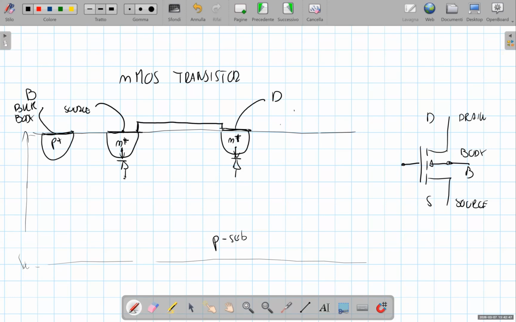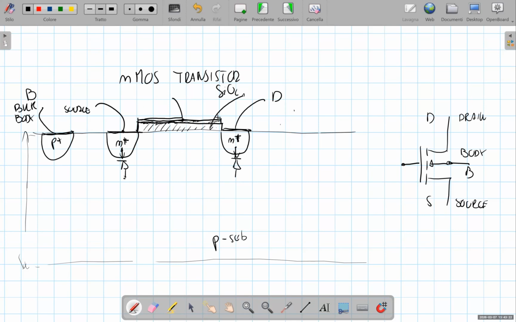So here there is a thin layer of silicon dioxide, which is an insulating material, and on the top of this insulating material we have a metal plate, a plate that can be made of true metal or highly doped silicon, which actually behaves as a conductor, so as a metal.